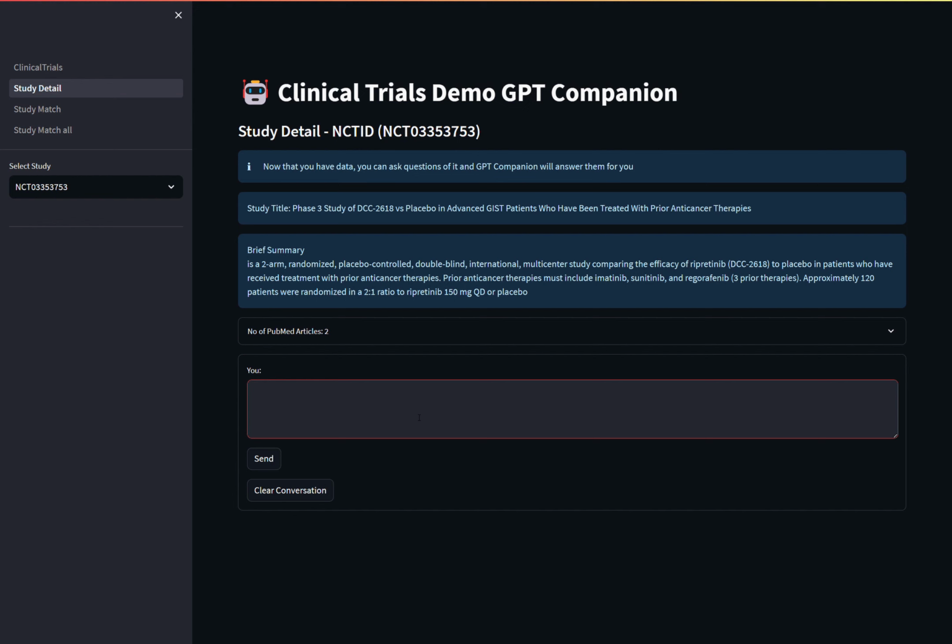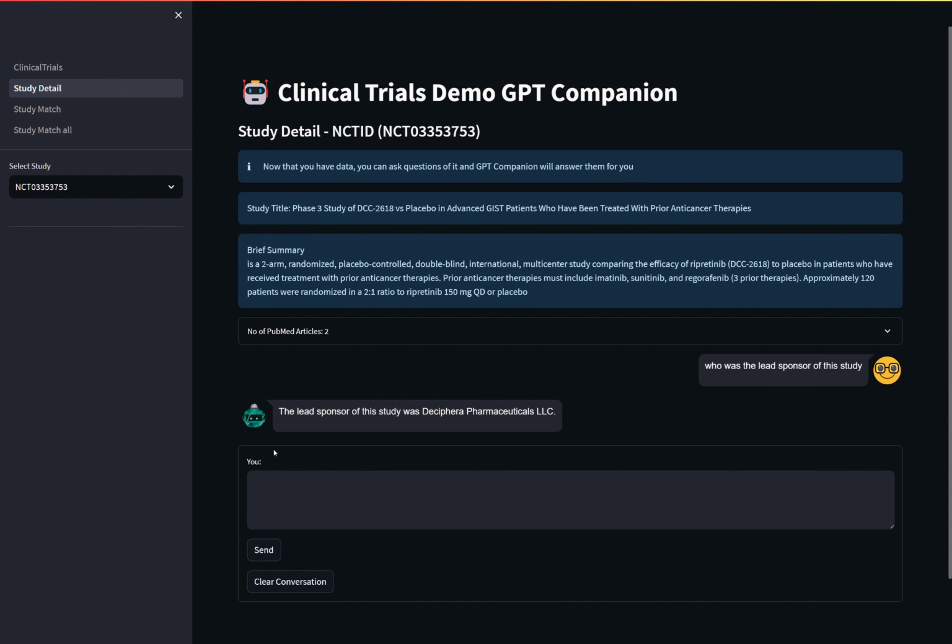So let's say, who was the lead sponsor of this study? Clearly it says who the lead sponsor of the study was.